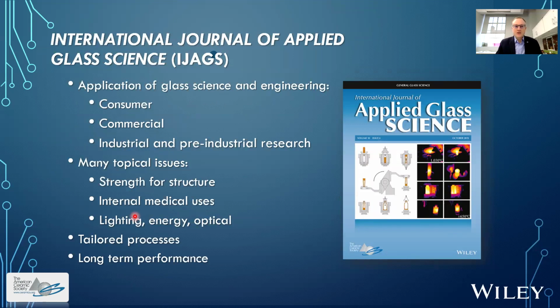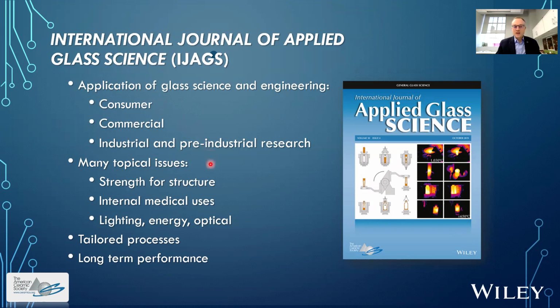This is the International Journal of Applied Glass Science. This journal focuses specifically on glass and more on the applied and engineering sides of glass. So this covers applications of glass science and engineering. This can be in the consumer space, in the commercial space, or research related to industrial or pre-industrial glass science or technology.